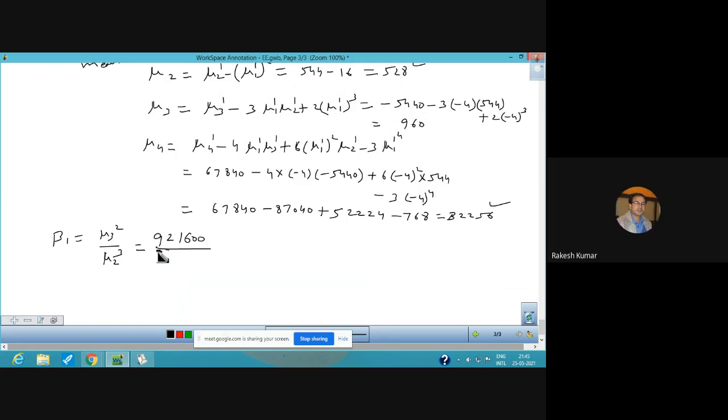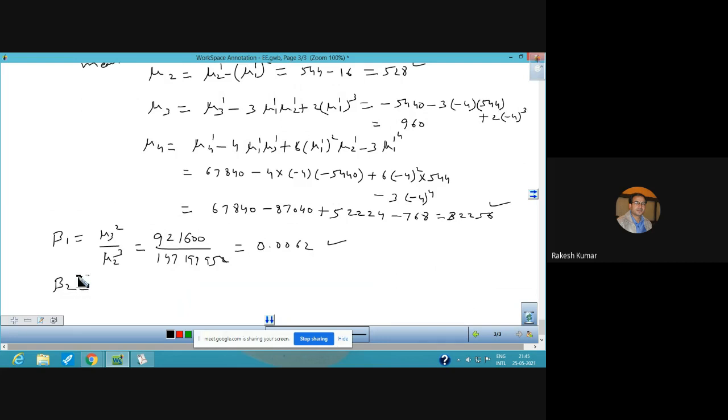So you have the value 147,197,952. So you can divide the numerator by the denominator. So 921600 divided by 147,197,952. So ultimately you will have the coefficient of skewness, that is 0.0062. This is your value of a coefficient of skewness.